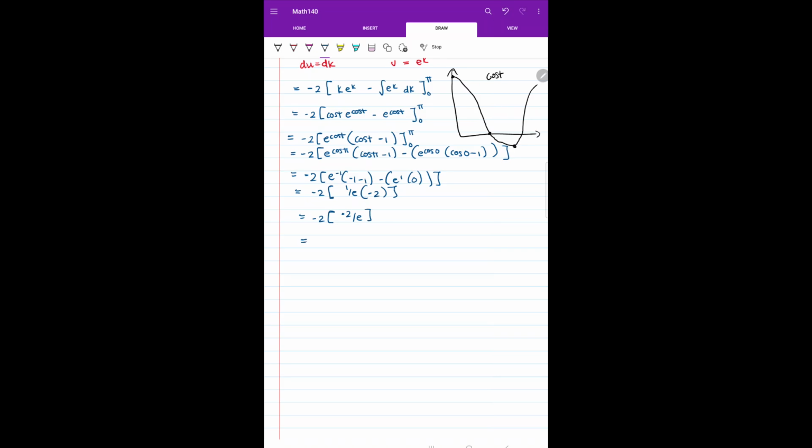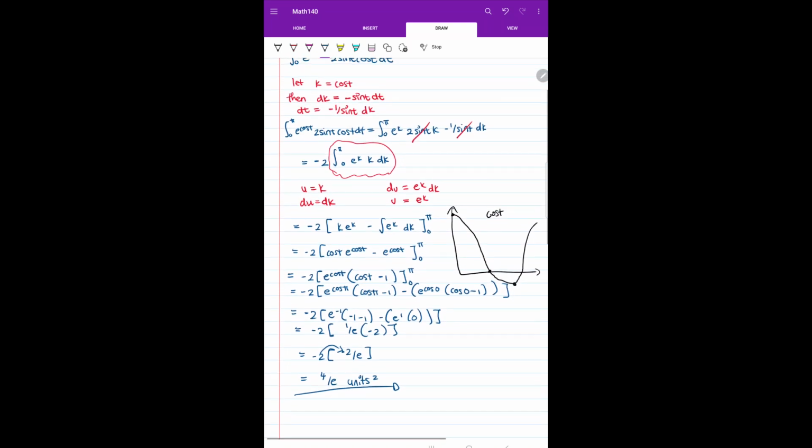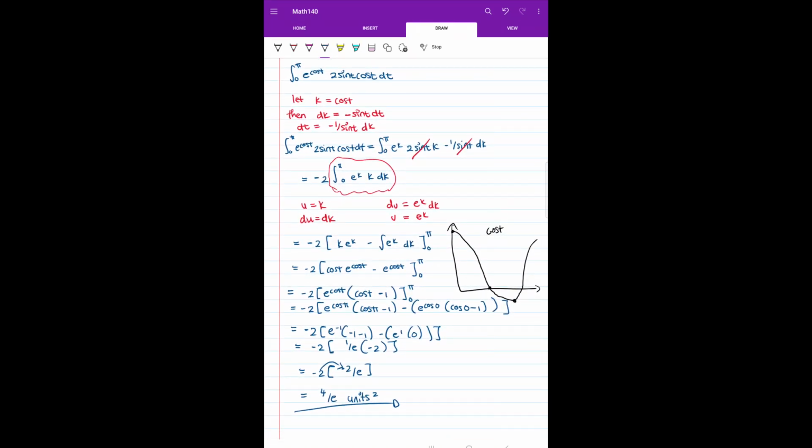And then finally, if we put that negative 2 in there, that's going to be 4 over e, and this is an area, so it's going to be units squared, and this is the final answer. And if you need the whole solution, this is the entire solution with my bad graph.